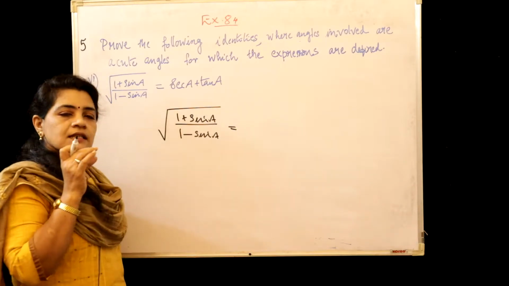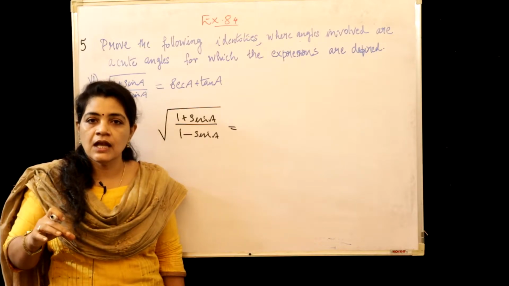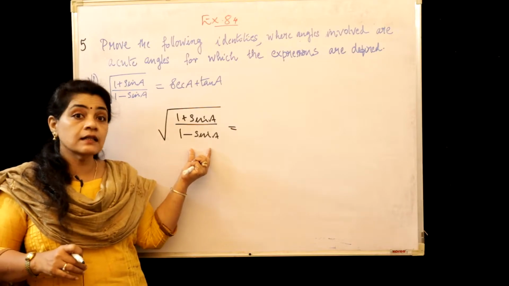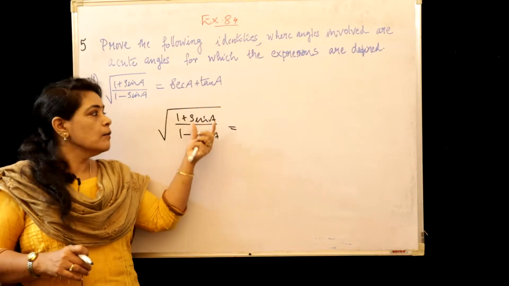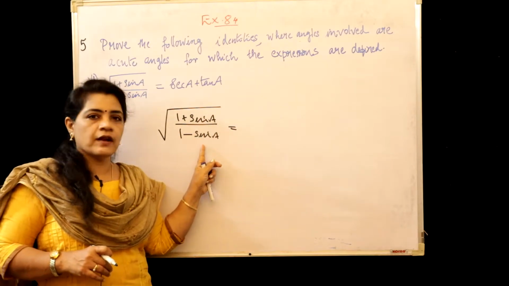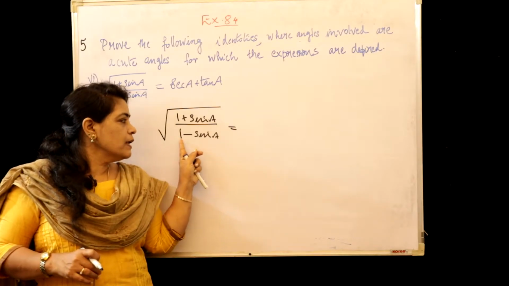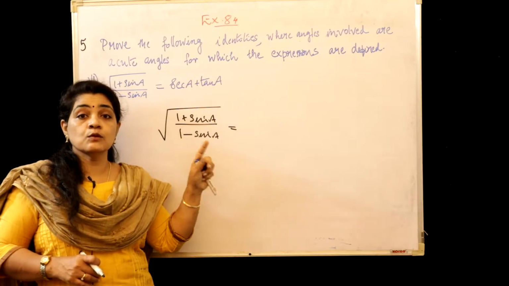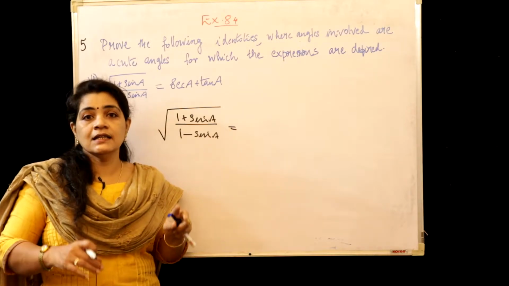In this type of problem, we follow a common procedure: we have to multiply the fraction which comes under the square root. See here, 1 plus sin a divided by 1 minus sin a, both are under the square root. If in the denominator the terms are connected by minus, you have to take plus, that is 1 plus sin a divided by 1 plus sin a, which is an equivalent fraction.